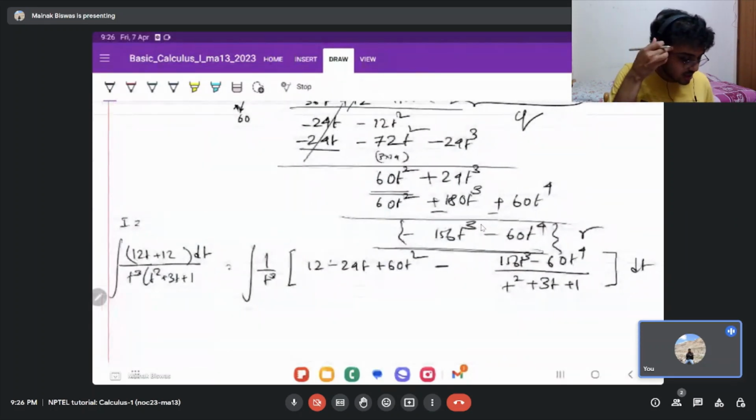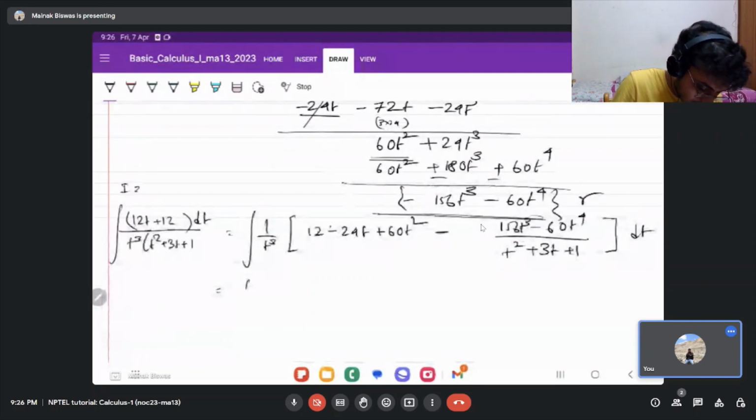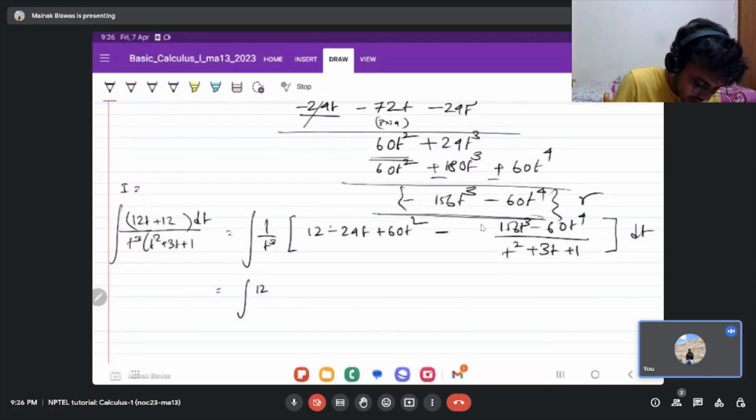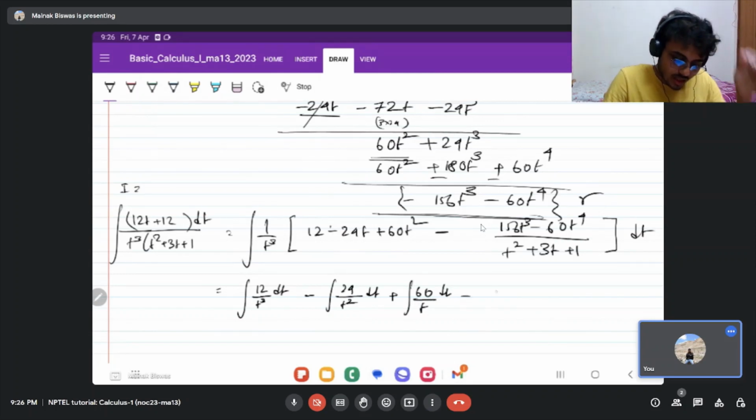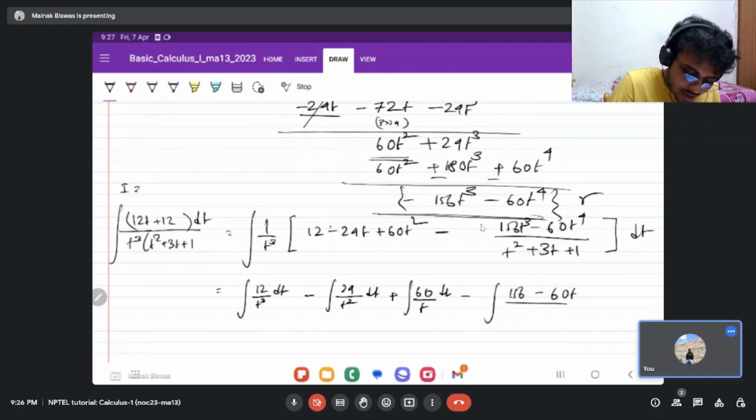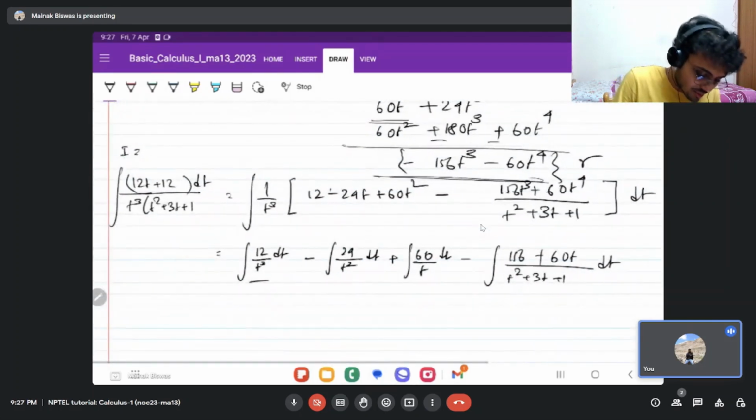Now see, this question has become such a simple question. So you will be ending up with 12 by t cube dt minus 24 by t cube t square dt plus 60 by t dt minus integral of 156 minus 60t, or plus, this is plus because both are minus, by t square plus 3t plus 1 dt. So you see, this is a simple integral.